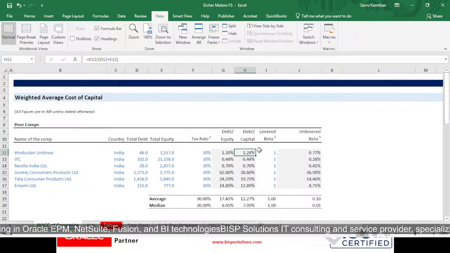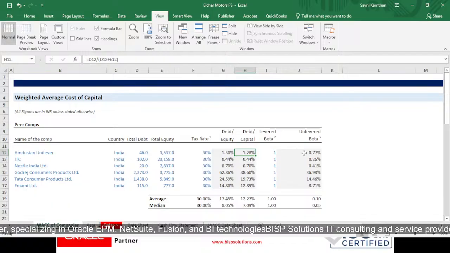And here I have taken levered beta as 1 so that we can calculate evenly. That's why I have taken levered beta as 1 in my whole sheet, right? The same formula for debt upon capital I have dragged till Emami Limited, because the same formula will be applied in every company, right?